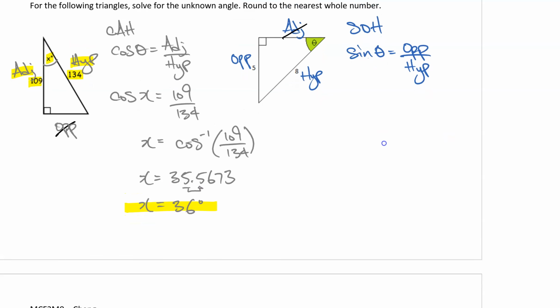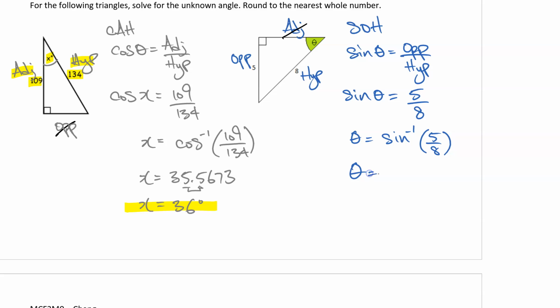Let's just carry it through. Subbing in 5 and h, which is 8. And we have to do sine inverse on both sides. If we do that, we have theta on this side is equal to sine inverse of 5 over 8.